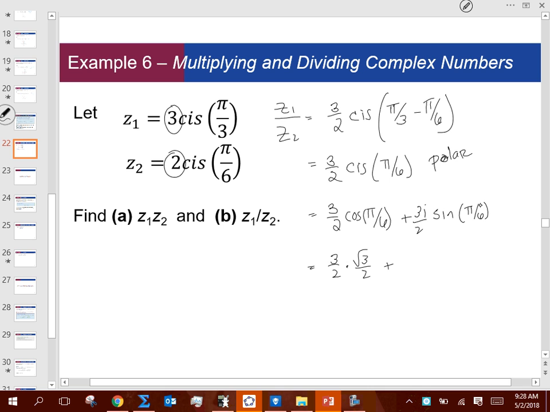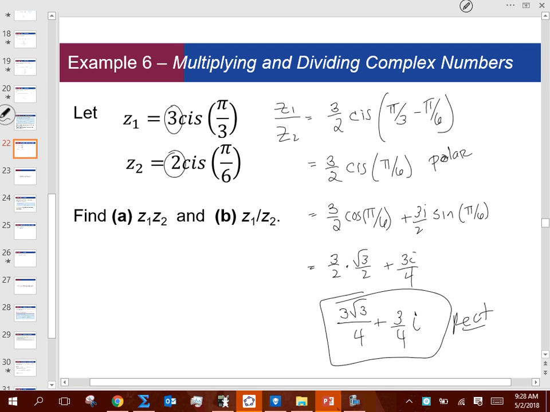And sine of pi over 6 is 1 half, so I get 3i over 4. So this becomes 3 radical 3 over 4 plus 3 over 4 i. And that would be the answer in rectangular form if desired. Which is a lot easier.